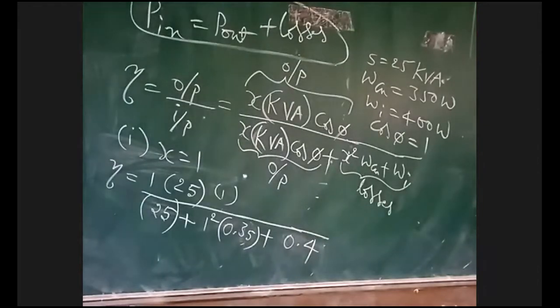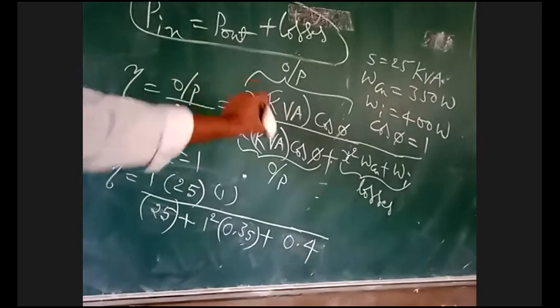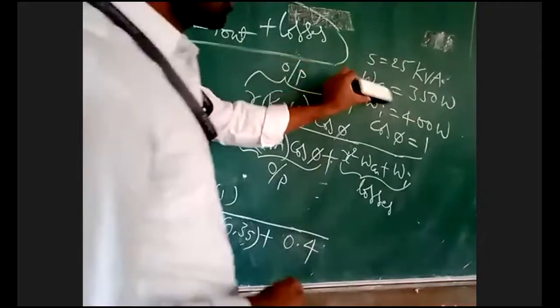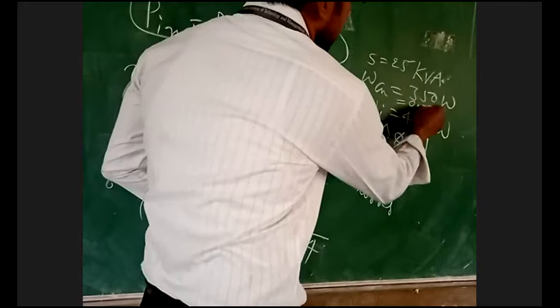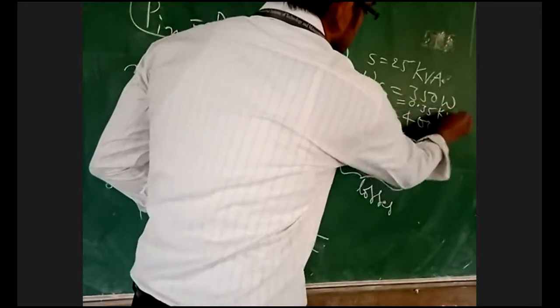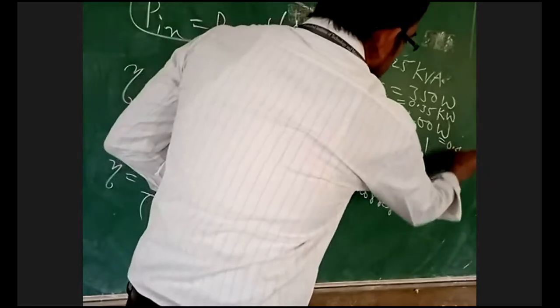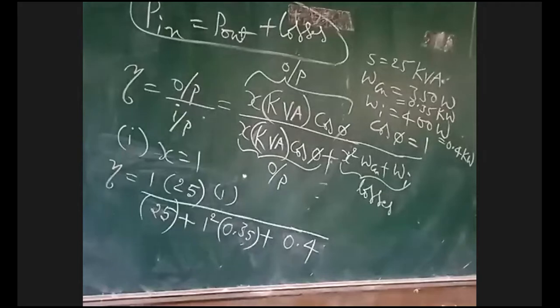Why am I taking these values? See here, output is in kilo and your losses are in watts. Convert into kilo: 0.35 kilowatts and 0.4 kilowatts. Multiply both numerator and denominator with 1000.